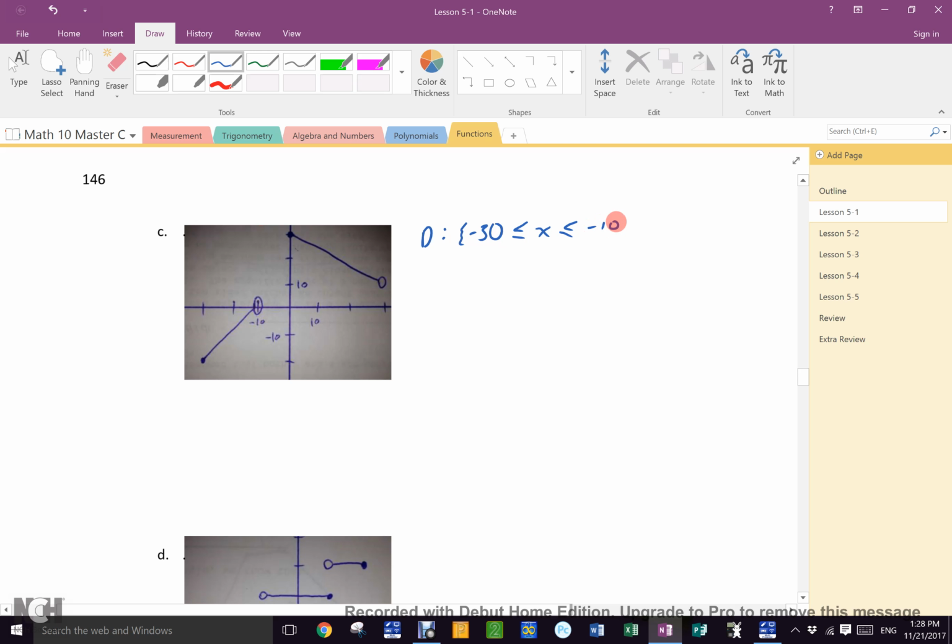Now look carefully. Does this look like that? No, what's different about it? What's different about that point, the way it's drawn, and that point? One's a circle, one's a dot, yeah?